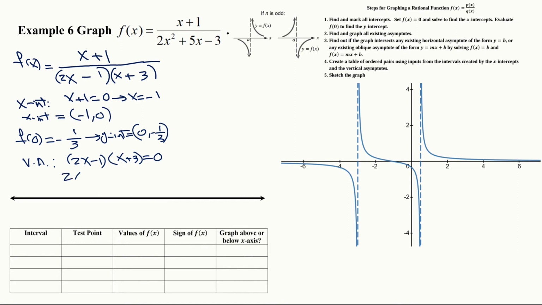So by the zero factor property, either 2x minus 1 is 0 or x plus 3 equals 0. So that means 2x equals 1, or x equals 1/2, or x equals -3, right? So we have two vertical asymptotes, one at x equals 1/2, which we draw right there, and one at x equals -3.